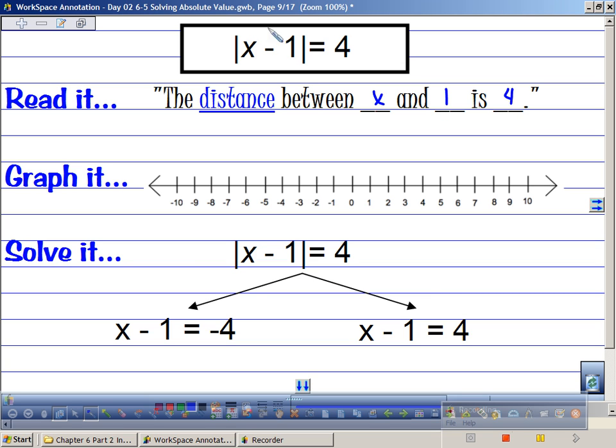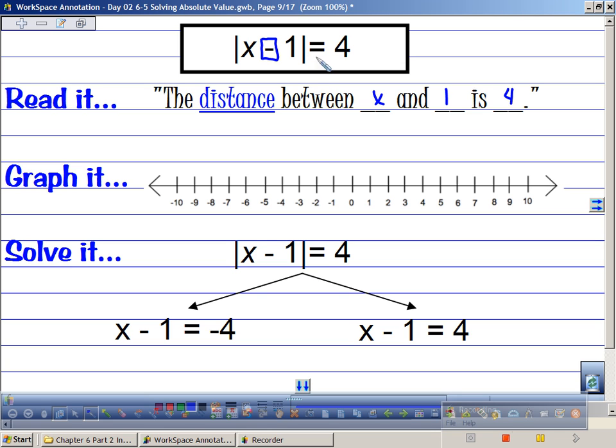Okay, not just because it's absolute value, but what does this mean right here? It doesn't mean minus. It means the difference. And doesn't difference mean distance between two things? So it's not really x minus 1. It's saying I want to know how much is in between x and 1, right?